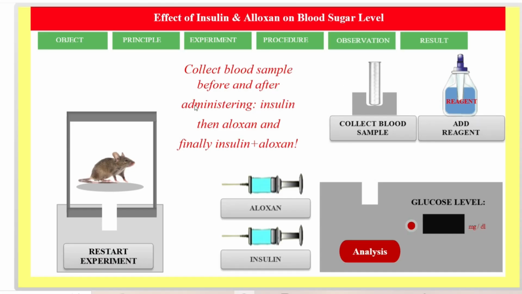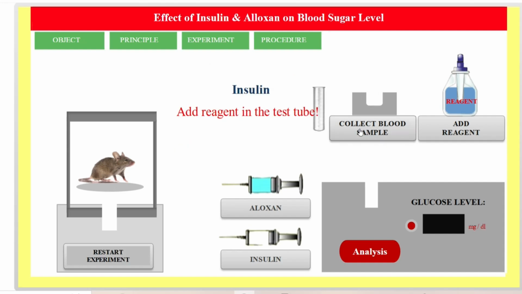Collect blood sample after administering insulin and then Alloxan. Now we will give an injection of insulin to the rat. Now we will collect the blood sample. Add reagent.